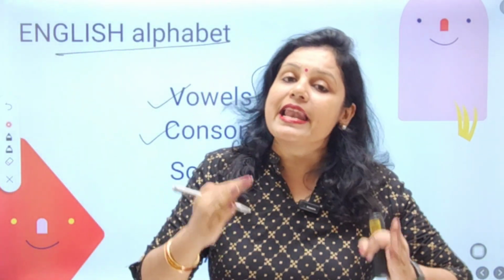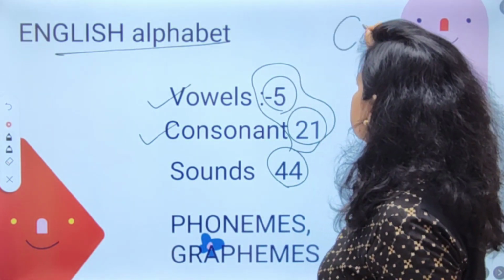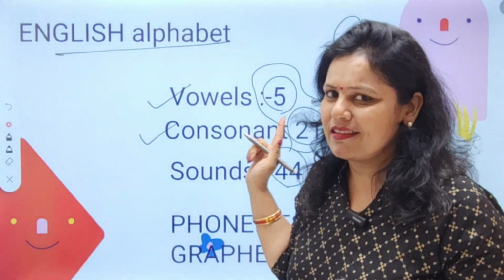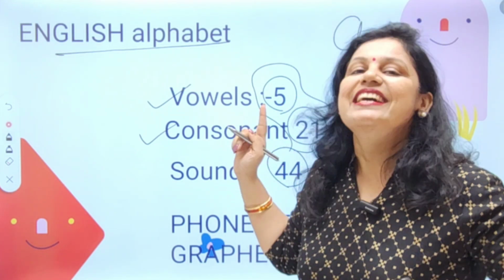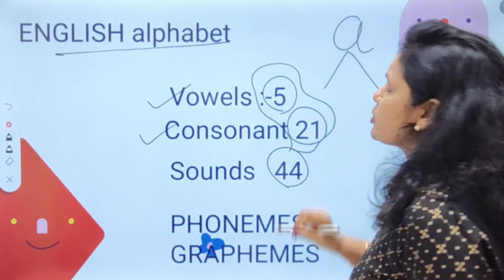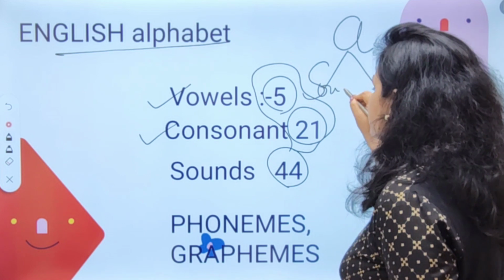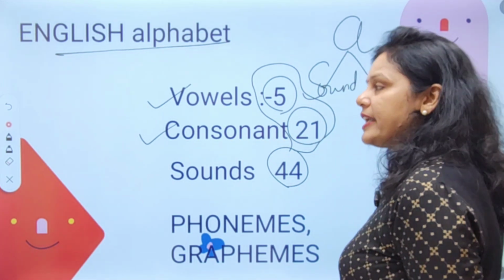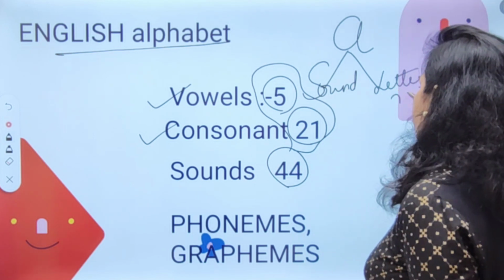So every letter in the English alphabet, is this an alphabet or a letter? Quickly. It is a letter. So every letter in English has got two things: one is the sound associated with it, and definitely the letter name associated with it.